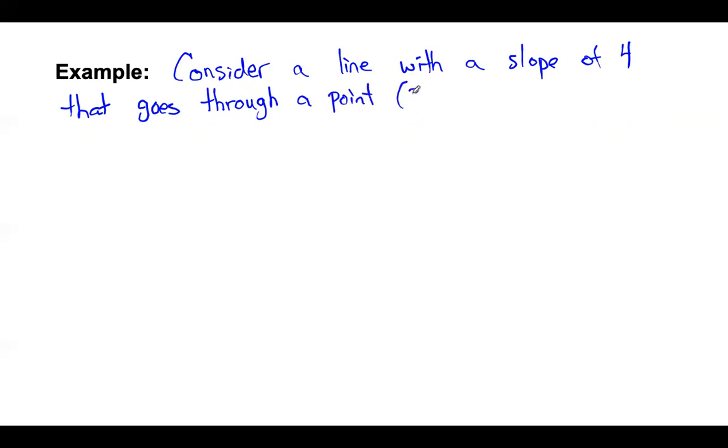Let's say that point is 3 and 5. So we have the slope and the point. Find the equation of this line. This is a classical kind of example.